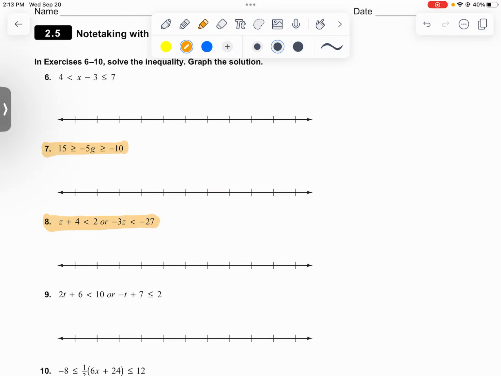Is that a start? Oh, yeah. I don't know if that's right. We gotta switch.